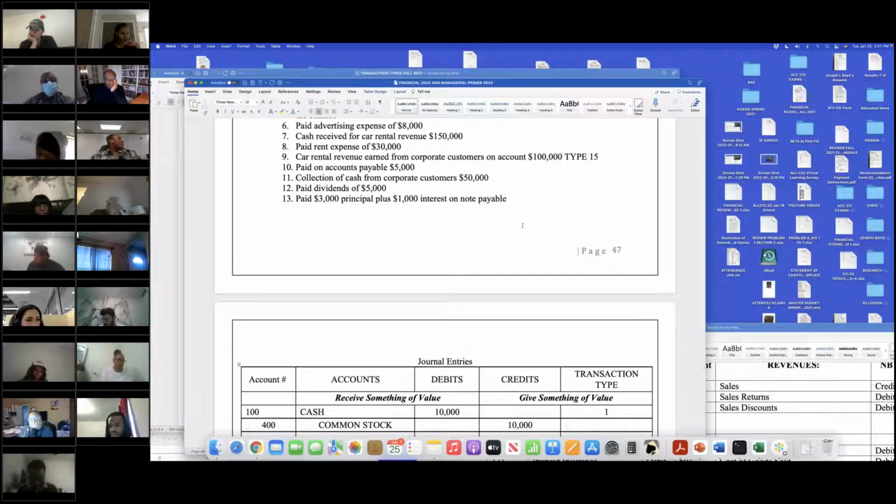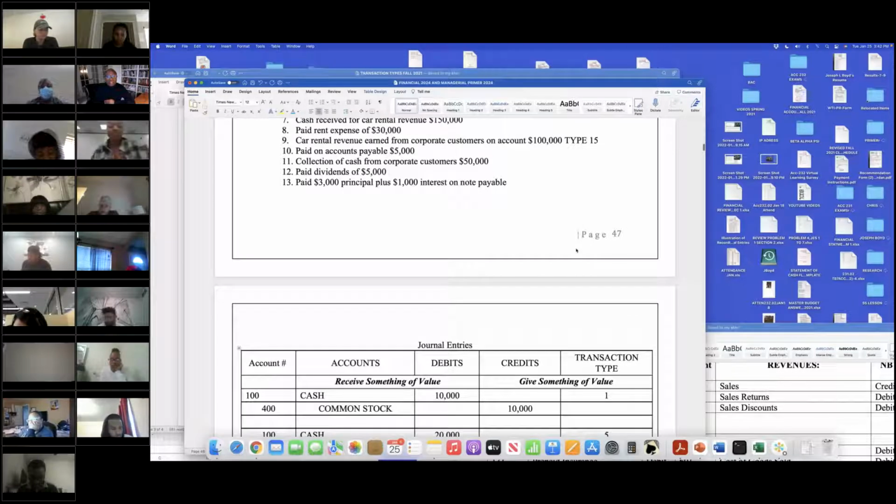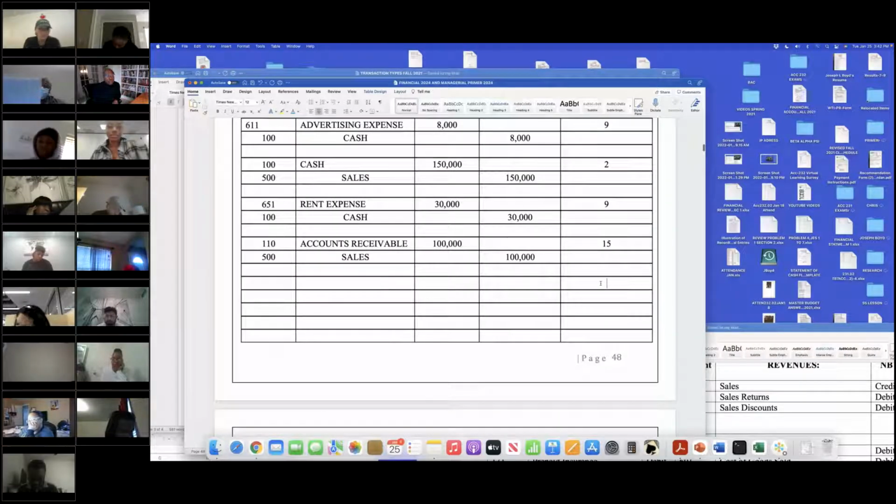So it's going to be 9? Is it 9? No, we're not paying an expense. What did it say? Paid accounts payable? Yep, that's a liability. So what type is it? Oh, 8. It's going to be an 8. So we're paying out cash.